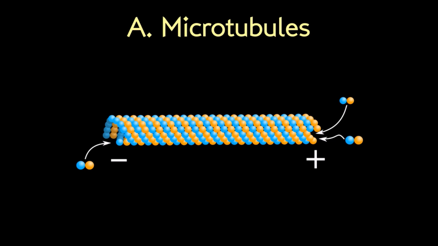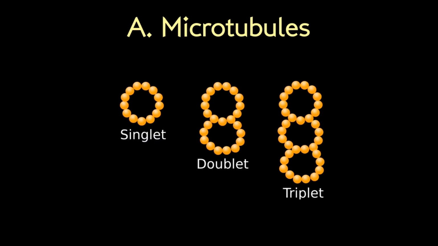Okay, so that is a single microtubule, but they don't always necessarily just occur singly as one single microtubule. Looking at these end-on, or looking at the entire ring from the hollow core end, what I just showed you was a singlet, so you can have a single microtubule.